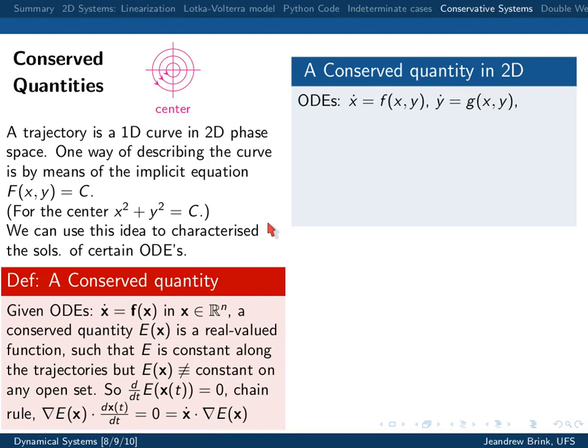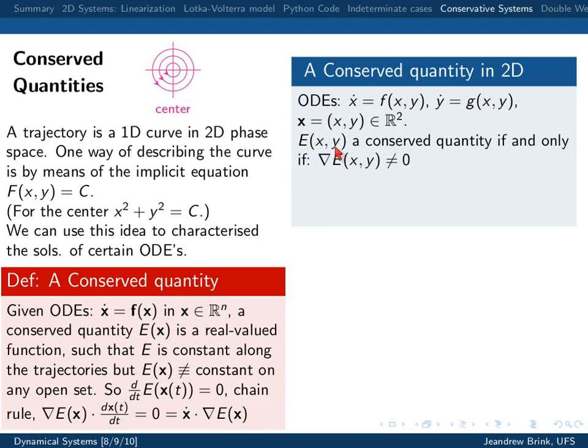Let's look at the specific 2-dimensional case. So we have the ODE: x dot equals f of x and y, and y dot equals g of x and y, and x is an element of R2. And so our conserved quantity is now a function E of x and y, and it's a conserved quantity if and only if its gradient is not 0 and dE/dt equals 0.